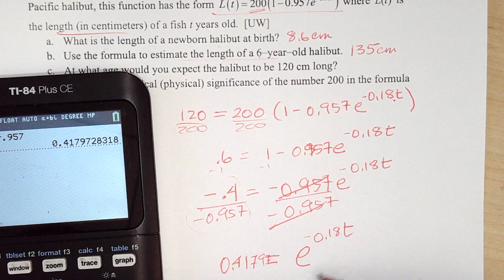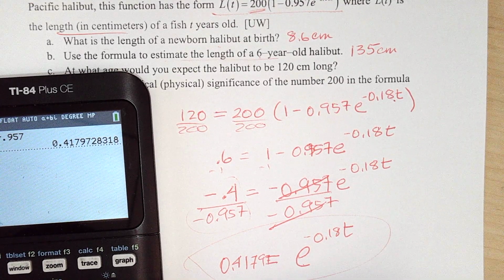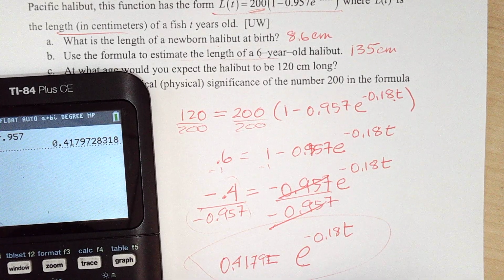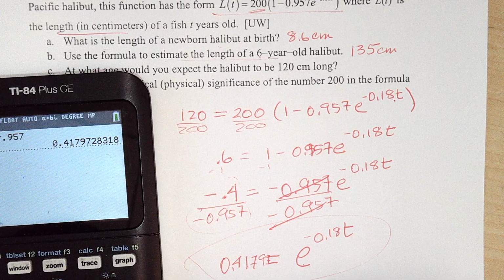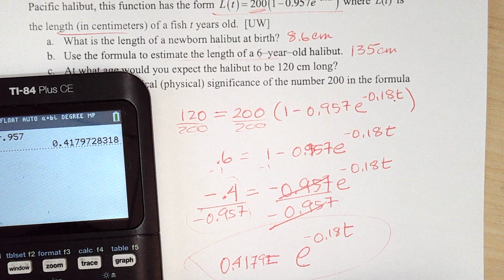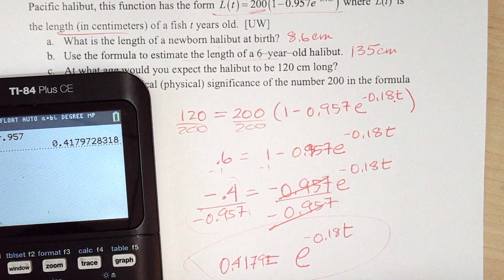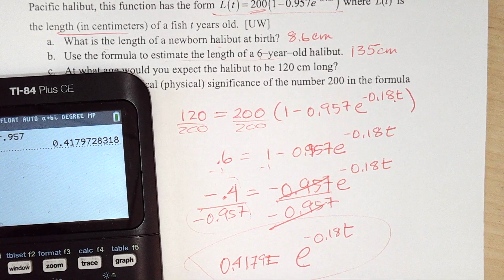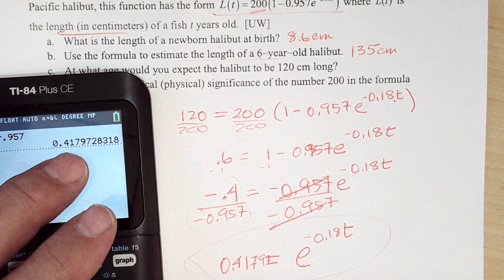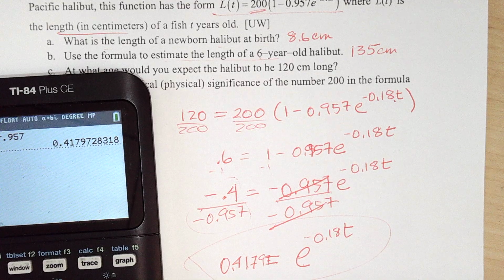And so writing this exponential as a log, the base is e, so ln, log base e of what I'm trying to get, 0.4179 blah blah equals negative 0.18 t, so I have to divide by negative 0.18. So I need to take ln of this answer divided by negative 0.18.